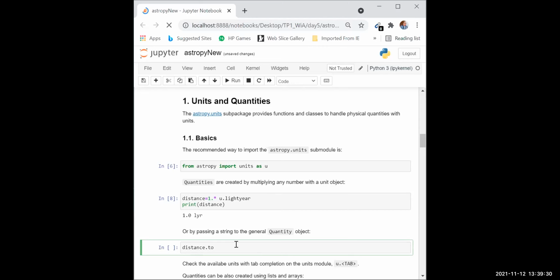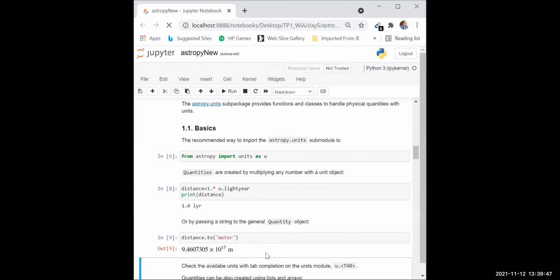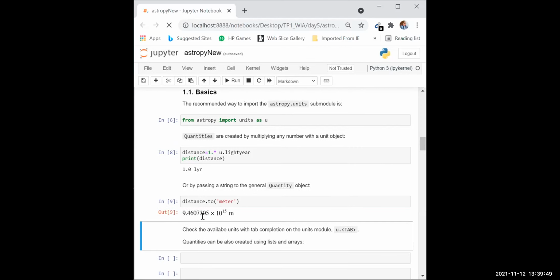So the variable which you have defined, distance dot to, and in this I write meters. Yeah, meter. And when you run, you'll see that 1 light year is 9.460735 to the power of 15 meters, right?